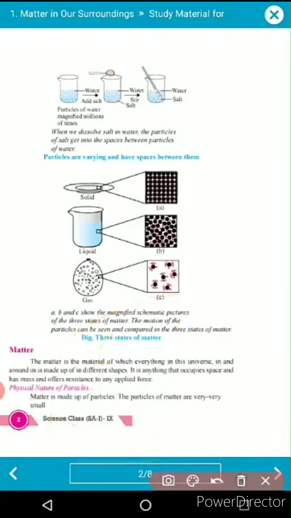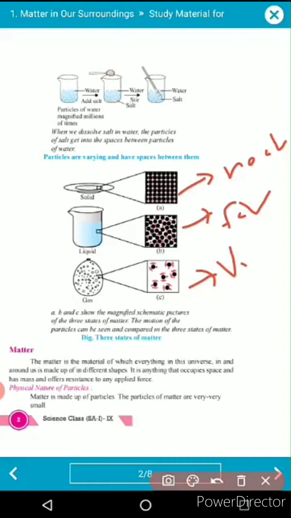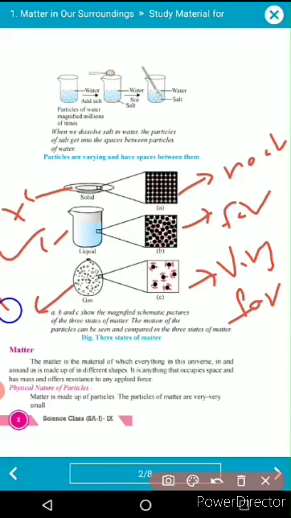In solids the particles are very near, in liquids they are farther, and in gases the particles are very far from each other. So from this we can say that in a solid there is almost no gap, in a liquid there is some gap, and in gases there is too much gap between the molecules.